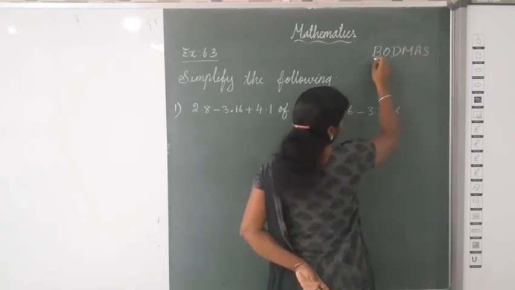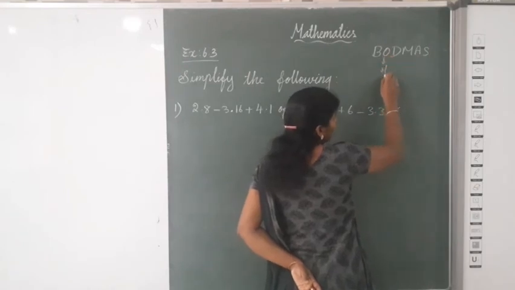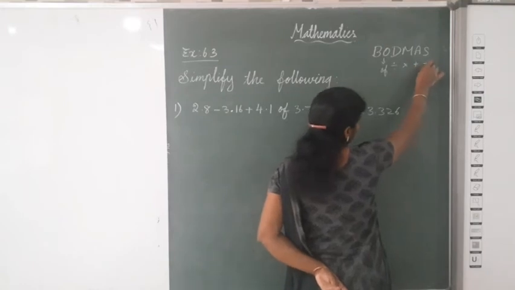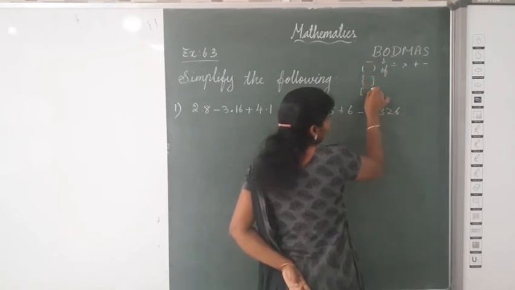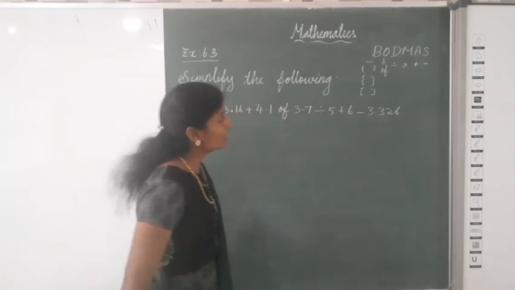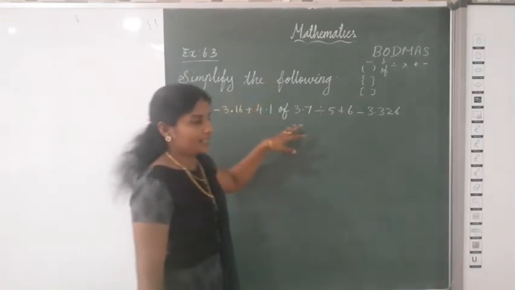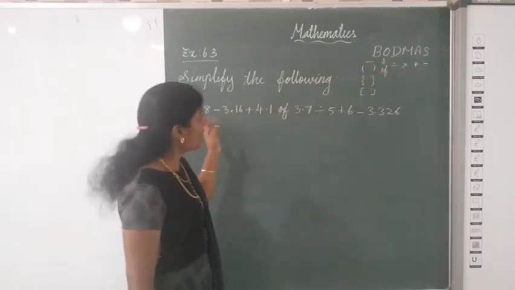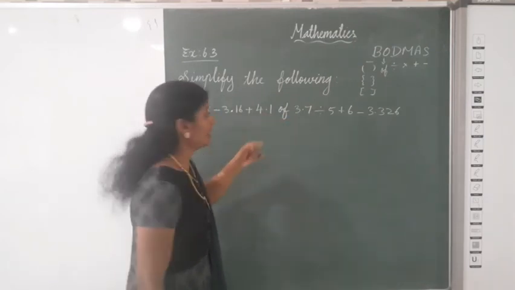First preference for brackets, second preference for of, next division, multiplication, addition, subtraction. Here brackets means bar bracket, parenthesis, curly bracket, then square bracket. Now we use that BODMAS rule. Here no brackets. Now we move to the next one, of. Here we have of, so we do this section first.